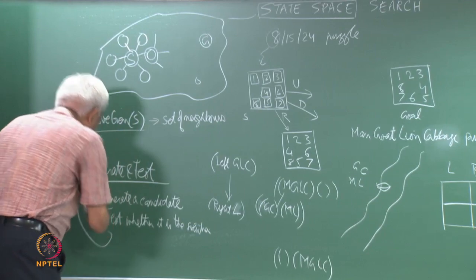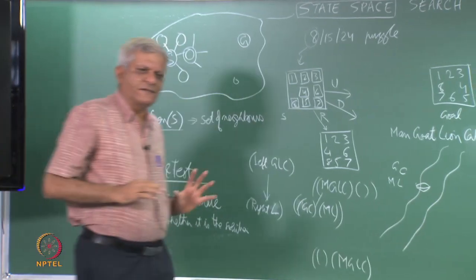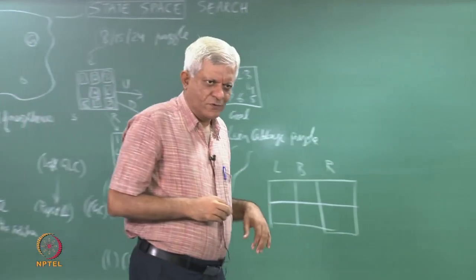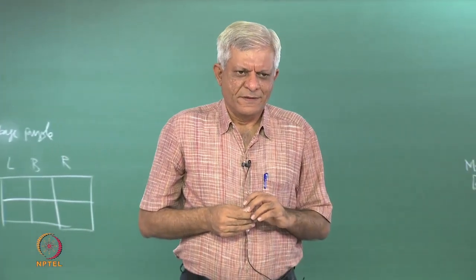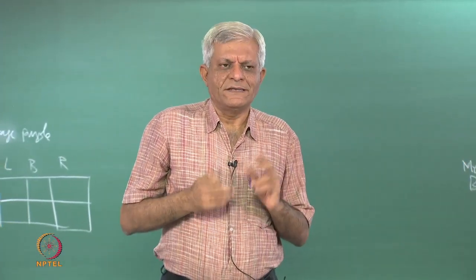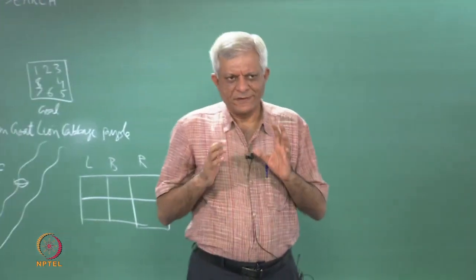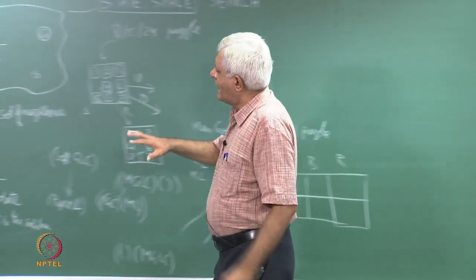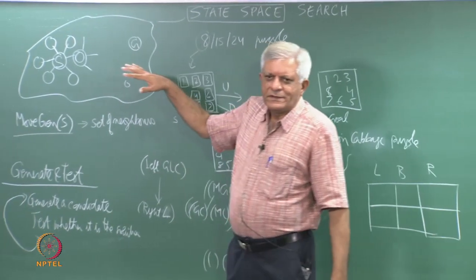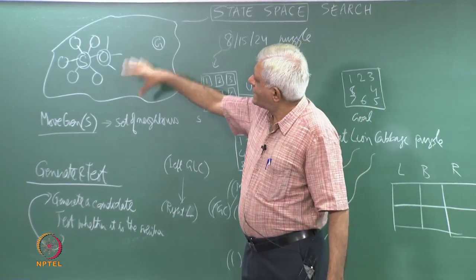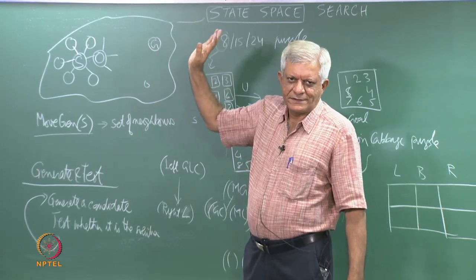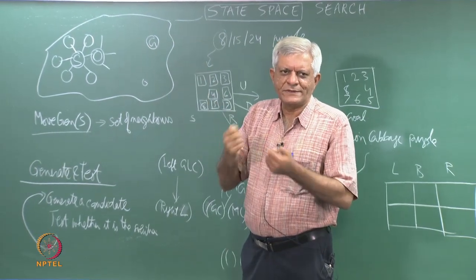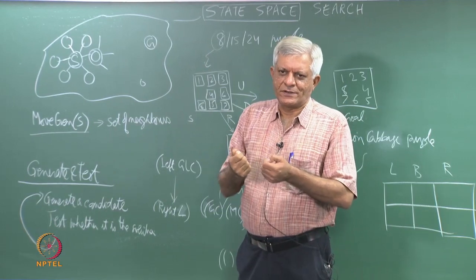And we put this into a loop, and this is a high level strategy that we are going to refine over the next few weeks. Generate a candidate and see if that is the goal state that we are interested in. Our task is to explore this state space in search of the goal state essentially. So, we will keep trying out new states and seeing whether that is a goal state or not.